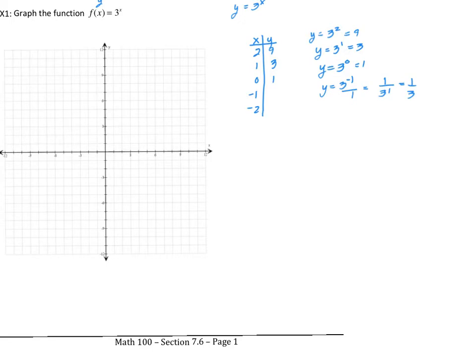But you don't want to write decimal answers. 1/3 is a repeating decimal. You want to write it as a fraction. So negative 1 would be the y value of 1/3. So 3 to the negative 2, negative exponent, make it positive by flipping, is 1 over 3 to the positive 2, which remember, that's not 3 times 2, that's 3 times 3. That's going to be 1 over 9.